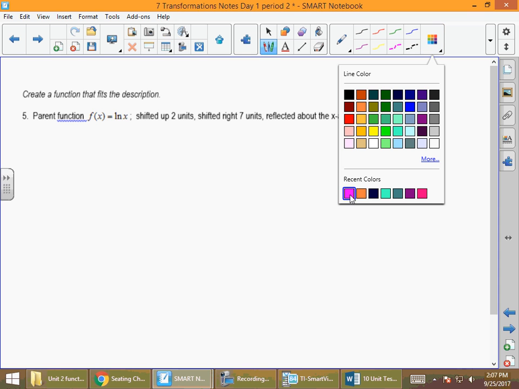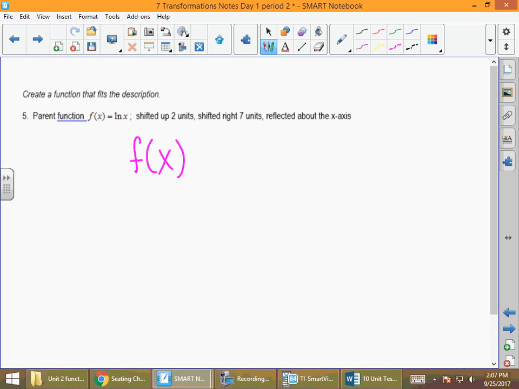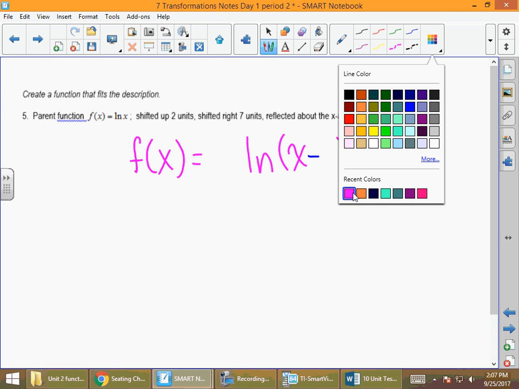So if we look at this function here, we've got f of x equals, and I'm going to leave a little bit of space and put my natural log here. Well, the first thing says that we're shifting up 2. That's going to be here. We're going to add 2 to our function. It's an outside of the function. The shifting right is an inside function, and it's going to be x minus 7.